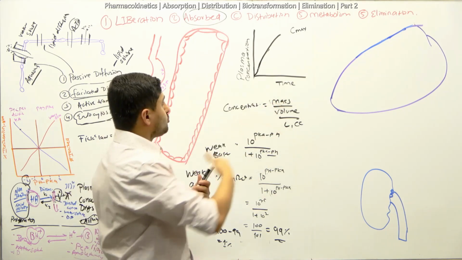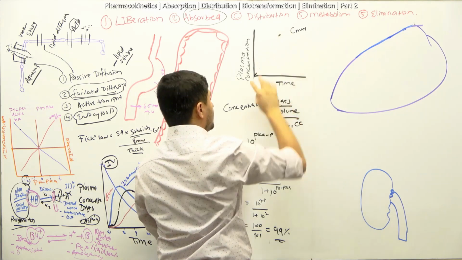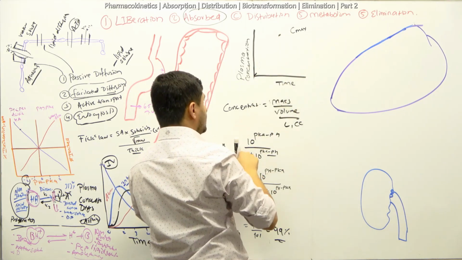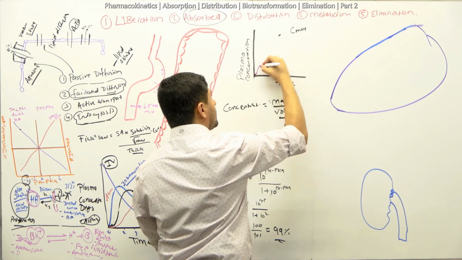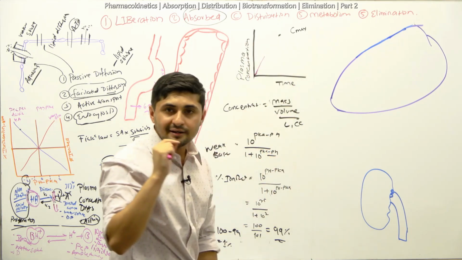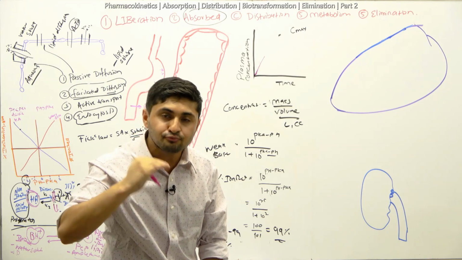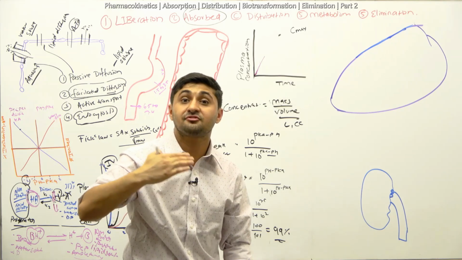So when you give drugs, what happens is that you reach a certain position right here. Let's write down here. As you keep giving a drug, you increase the drug concentration. This is the plasma concentration. It's going up. But remember, it requires a certain amount of drug before it starts having its effect, right?